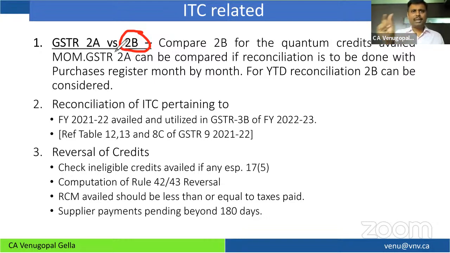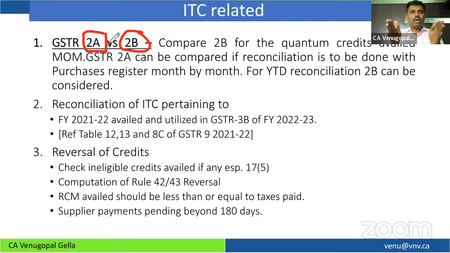But if you are doing any particular month, let's say for the month of October 22, then please use 2A. 2A will give you purchases for the month. 2B will give you credits for the month, the credits that you are eligible to take.